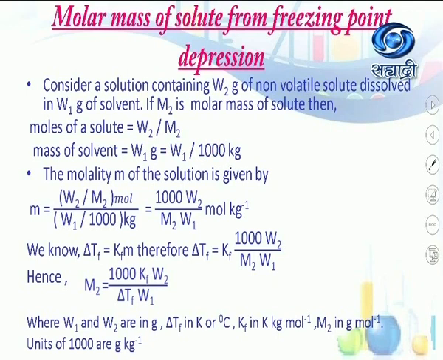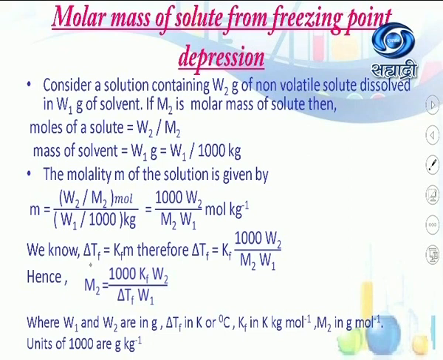So molality m is equal to moles of a solute W2 upon M2, isn't it? W2 upon M2 mole divided by mass of a solvent in kilogram, that is W1 upon 1000 kilogram. So we can say that 1000 W2 upon M2 into W1 mole per kilogram. It is a molality, so the unit is mole per kilogram.